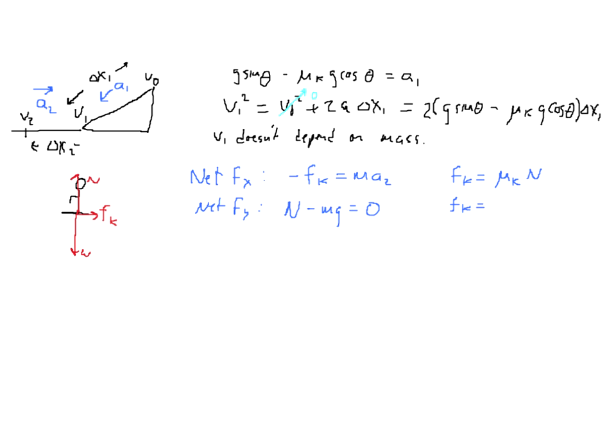So that means that F sub k equals mu sub k mg. If we plug that in, we get negative mu sub k mg equals m a sub 2. Masses cancel out again.